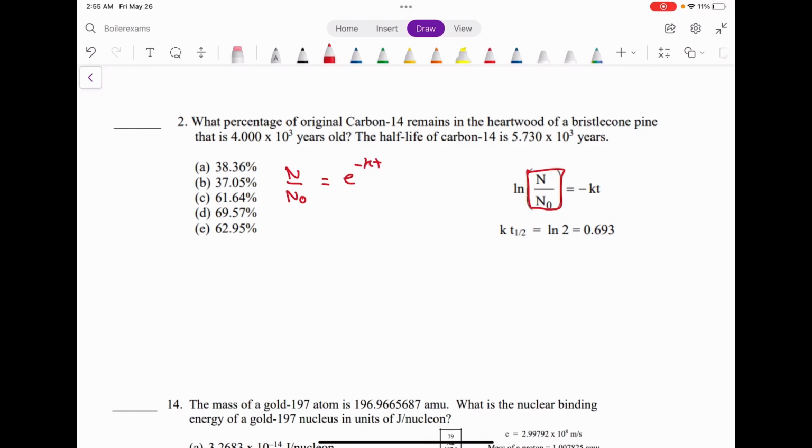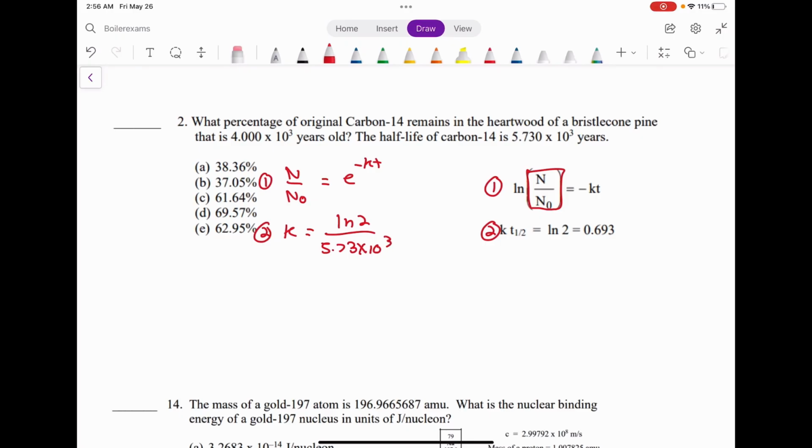And I also know the half-life of carbon, which is this variable. So we can solve for k. So I'm going to use now this equation. This is 1. This is 2. k equals the natural log of 2 over 5.73 times 10 to the third.